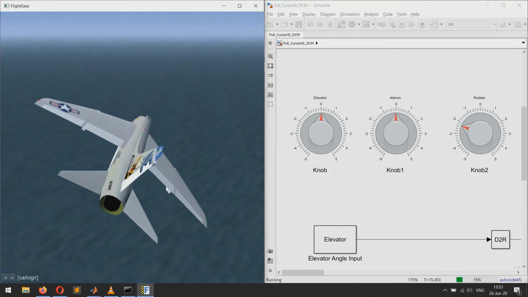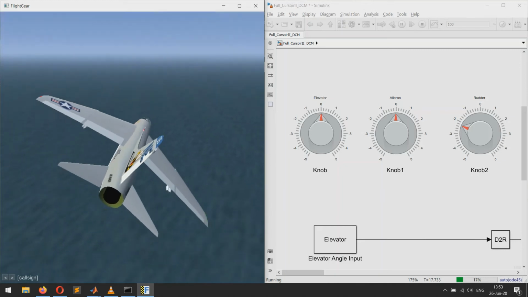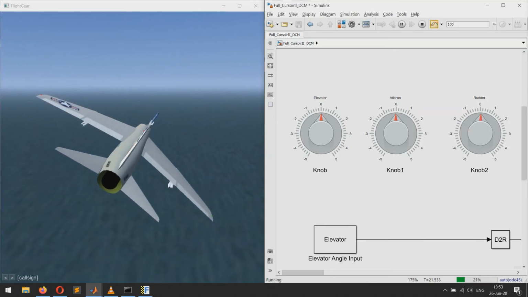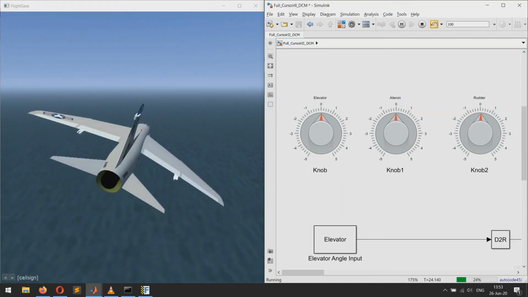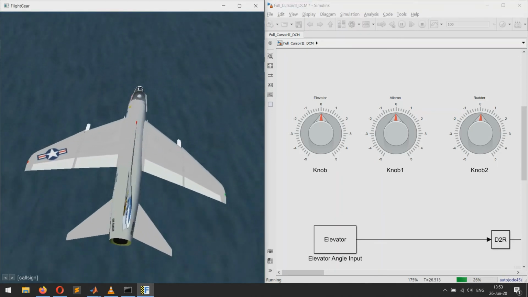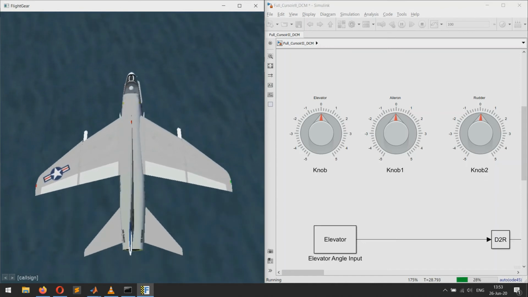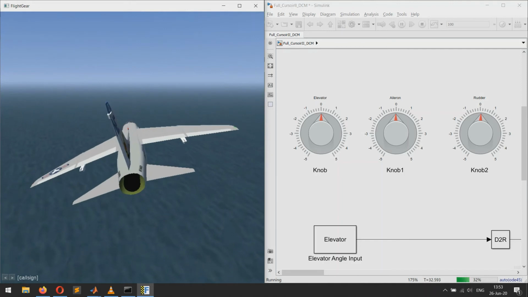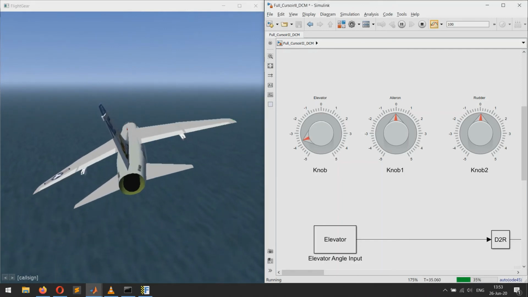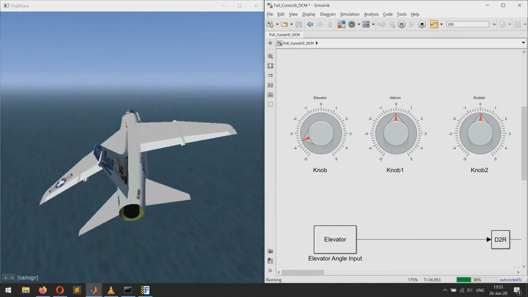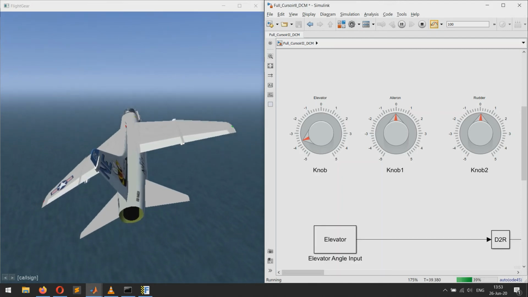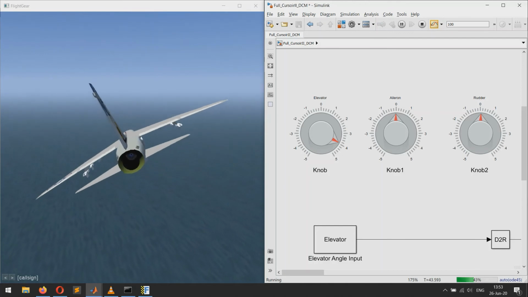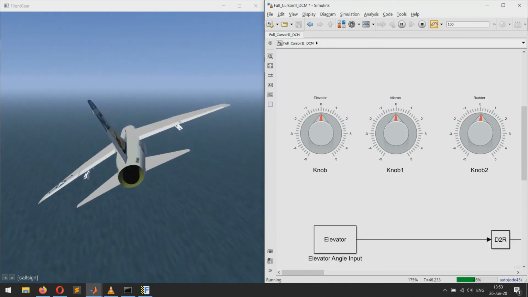After a while, I will change the rudder to 0, and we will see our aircraft is going really very well. There is no problem in the elevator also. That's it.